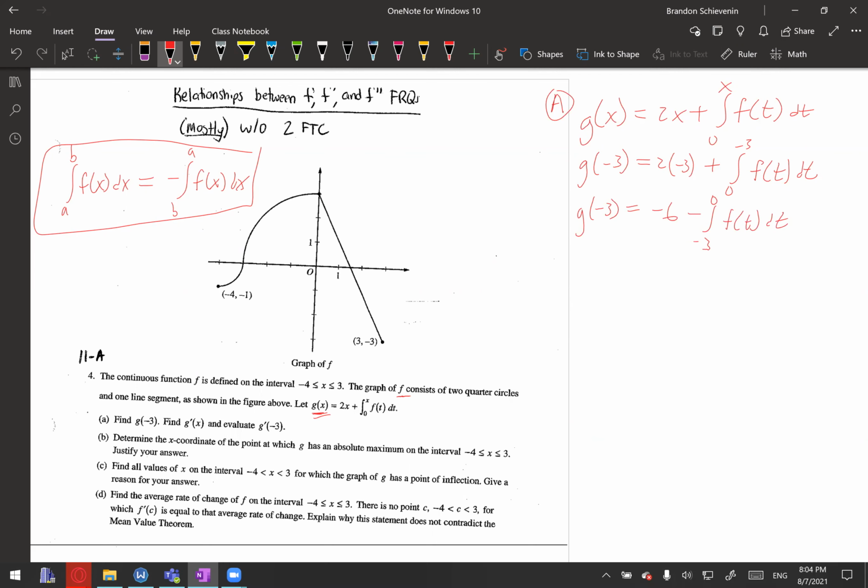Okay, and in B, back to you. I need to be able to figure out what the integral from -3 to 0 of f of t is. This picture is already the graph of f. What are they actually asking for when we're integrating from -3 to 0 of f of t?